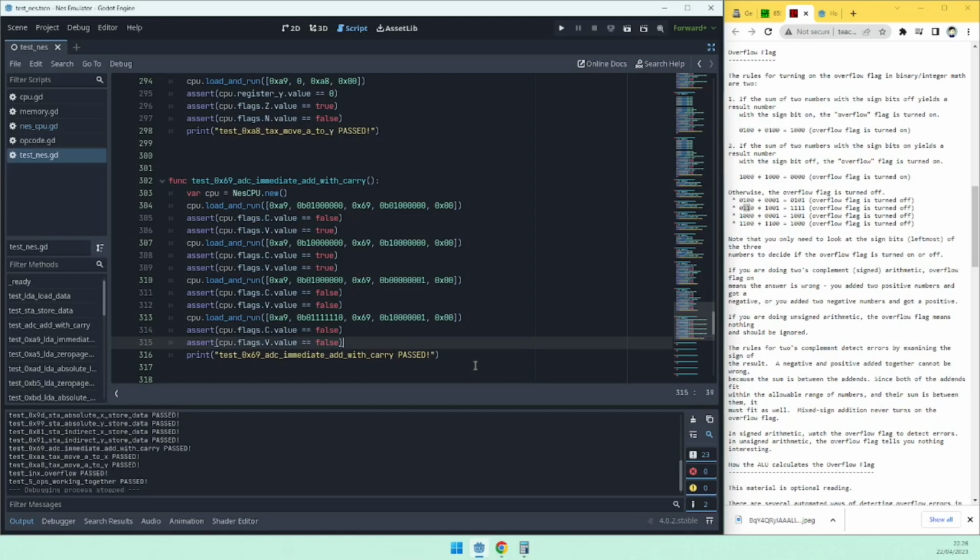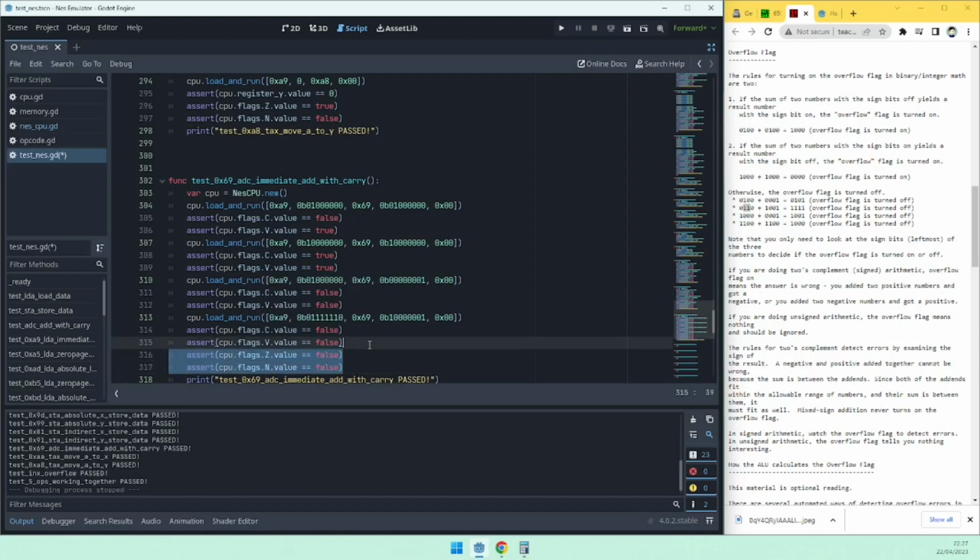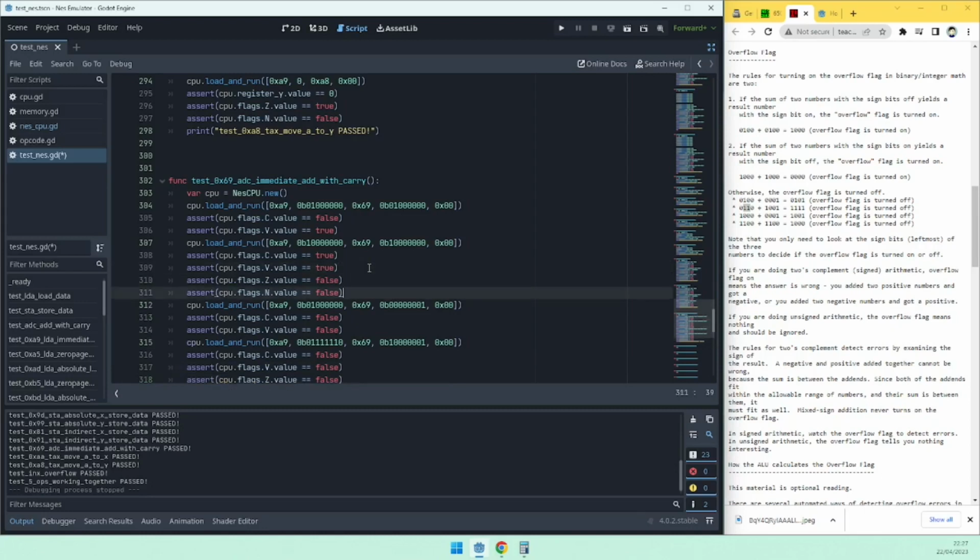And also this is a negative, so let's, because I am forgetting the zero and negative flag. So if this is non-zero and this is a negative, this is not negative and not zero.